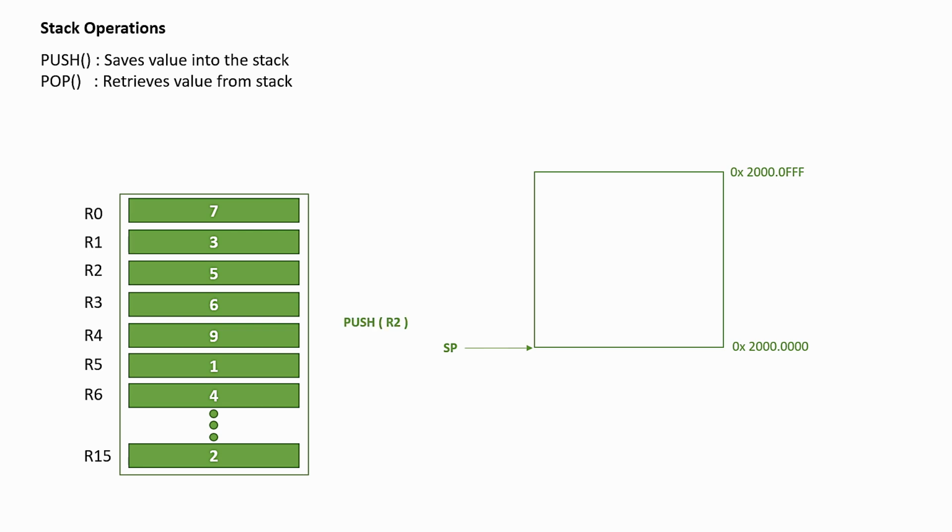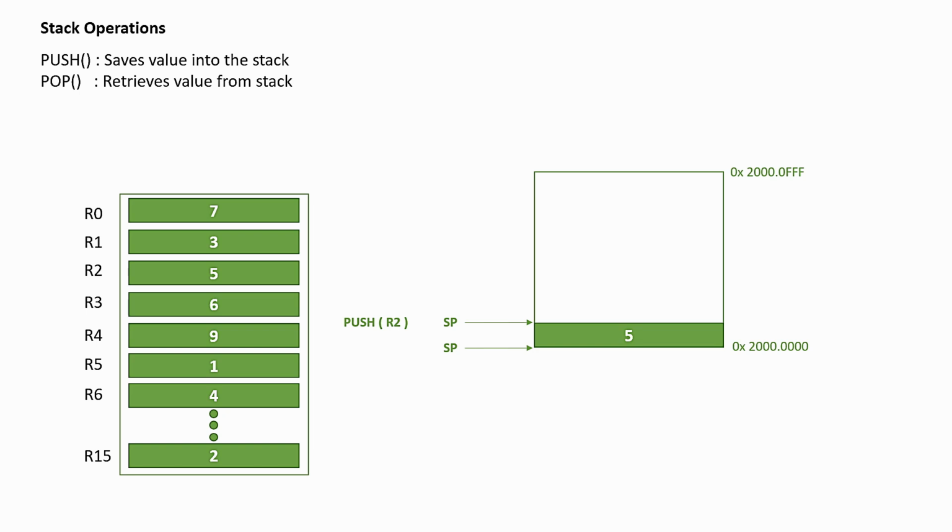Now we have the R2 value to be 5 right over here. And when I try to push this R2 value to the stack, what happens is it will actually store the data in the top of the stack, and then the stack pointer moves to the next consecutive address in the stack area.